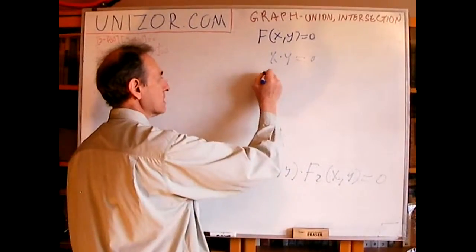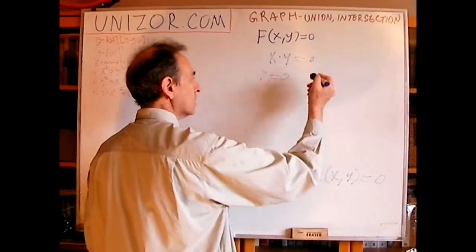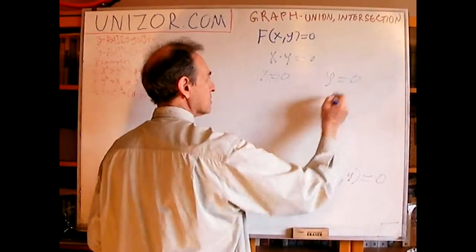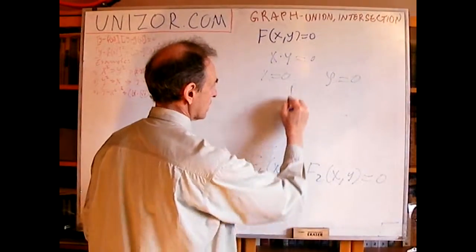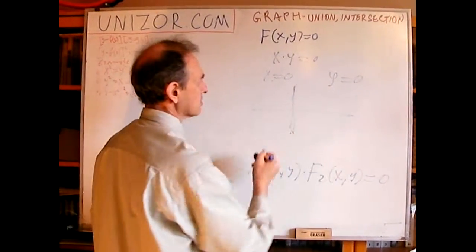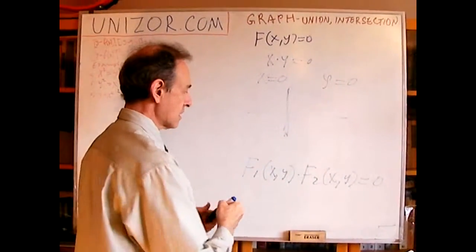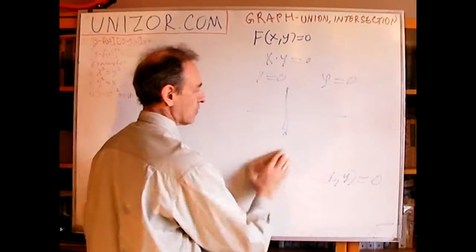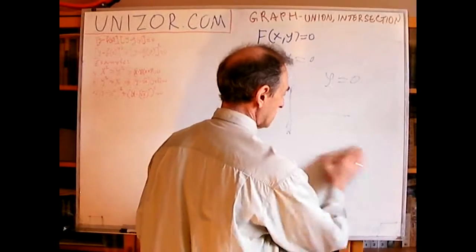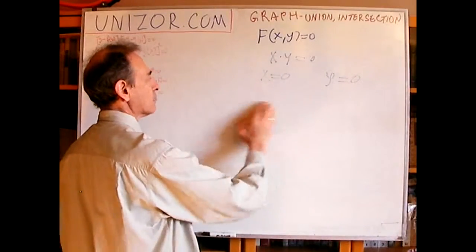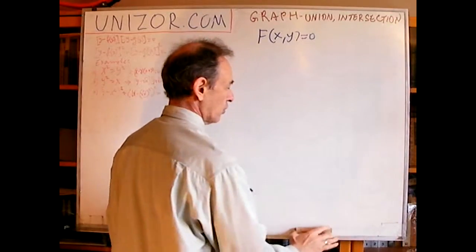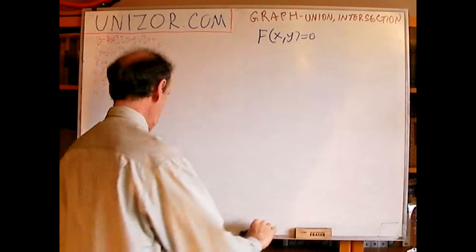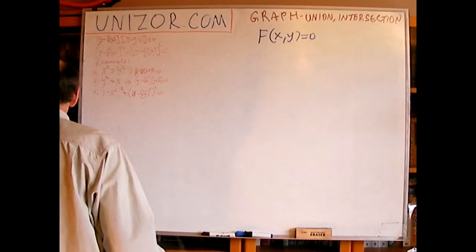So x equal to 0 should be unionized with y equal to 0. x equal to 0 is a vertical line, and y equal to 0 is a horizontal line. The combination of these gives you the same graph we were talking about. But in this case, we came up with the same result using a more general approach to manipulation with graphs. We basically unionized them. All right?